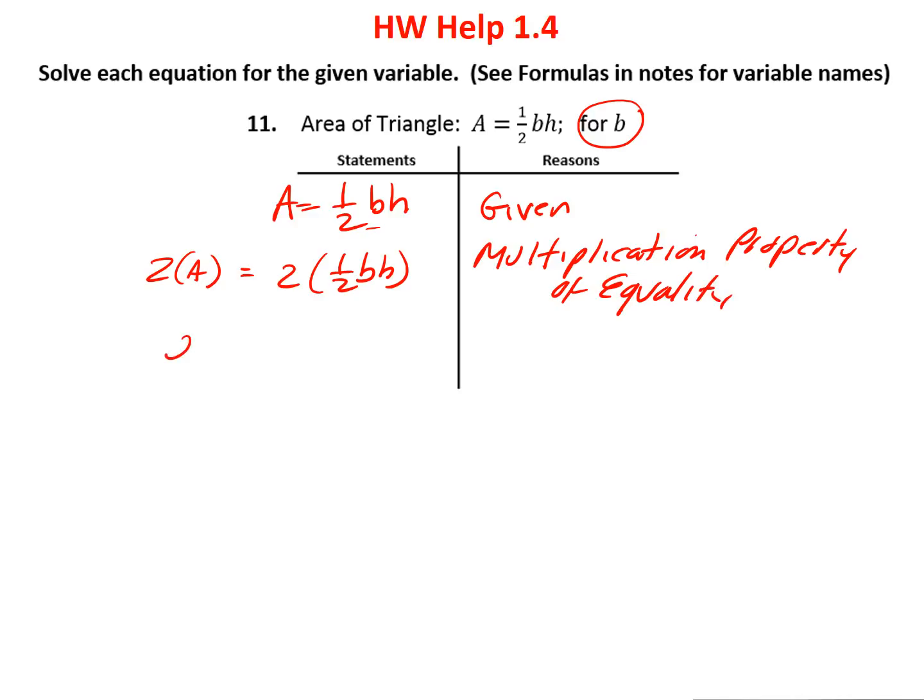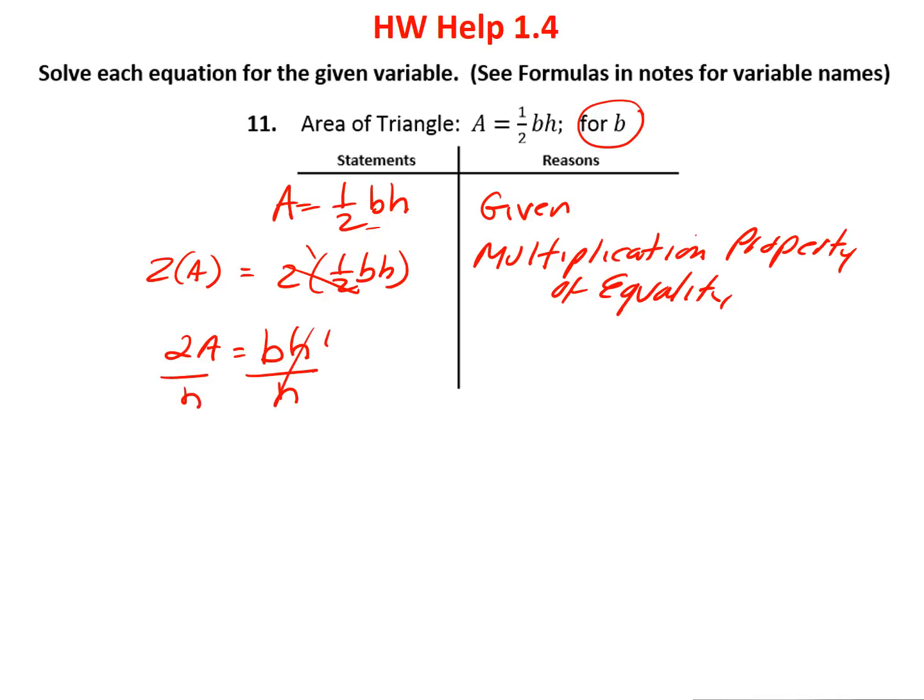And so on this side we have 2A. On this side, remember, this is a string of products. 1/2 times b times h. I just have to multiply the whole thing by 2. I don't go 2 times 1/2, 2 times b, 2 times h. 2 times 1/2 is 1, so I'm just left with bh. Now we're solving for b, so how do we undo times h? We divide by h.